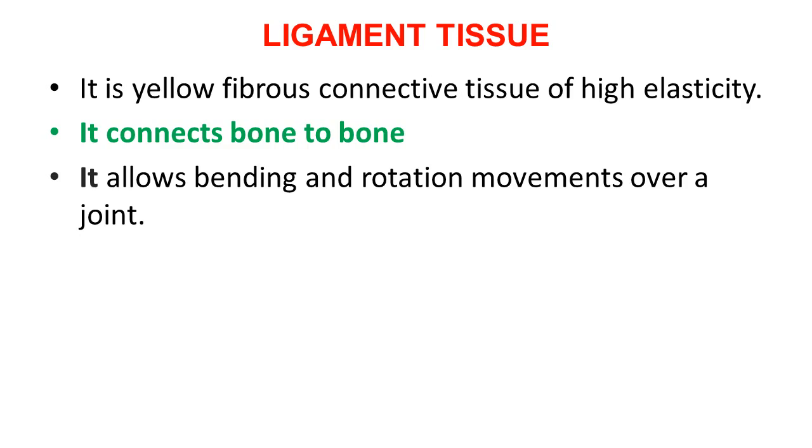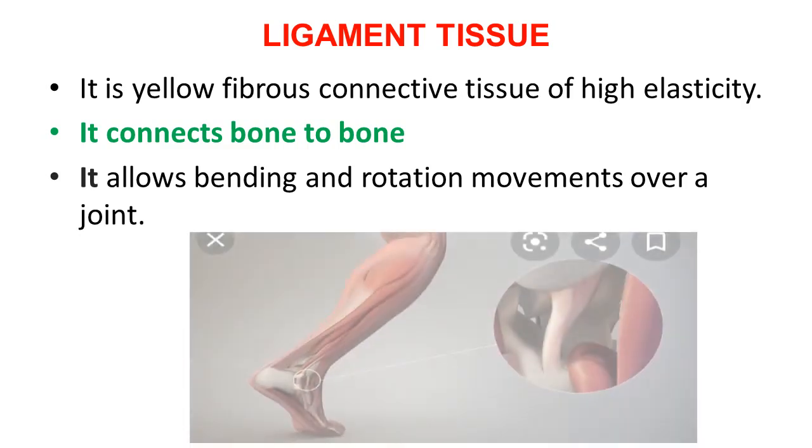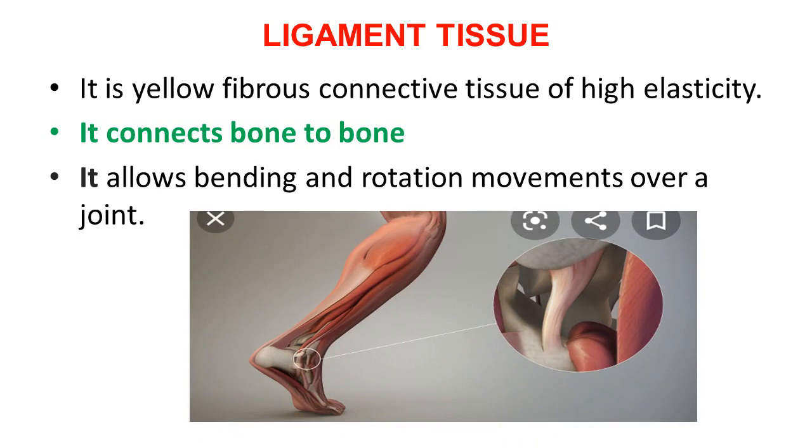It is mainly responsible for bending and rotating movement over a joint. The major function of this tissue is that it connects bone to bone. Bone to bone connection in the body is because of ligament tissue, and muscle to bone is because of tendon. It's very important here. You can see the image of this ligament tissue, where it is present in the leg.